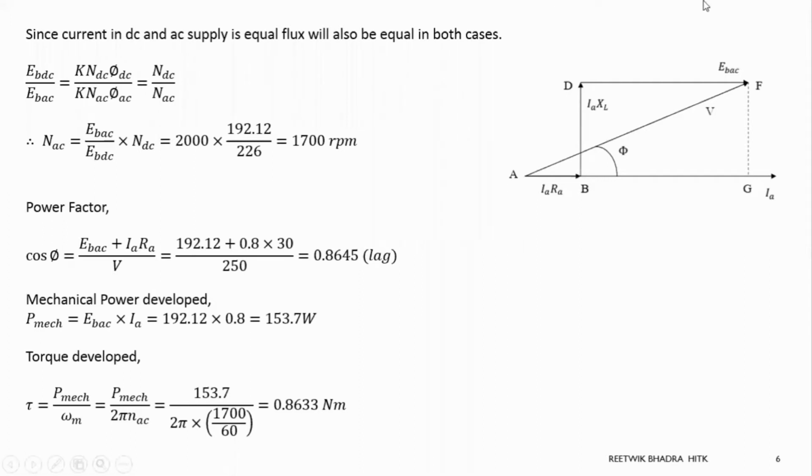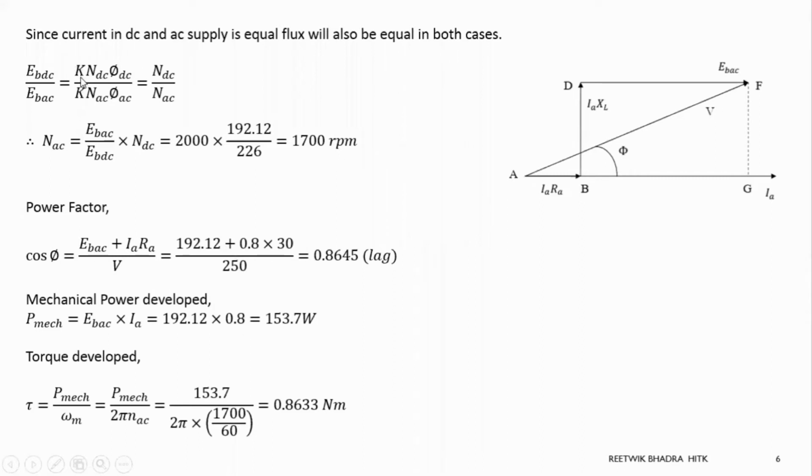So your flux will also be equal. And you know EB is proportional to P phi Z N by 60, so that is K N phi, with all the constant parts taken as K. We are taking all these formulas from our general concepts of the DC machine only.